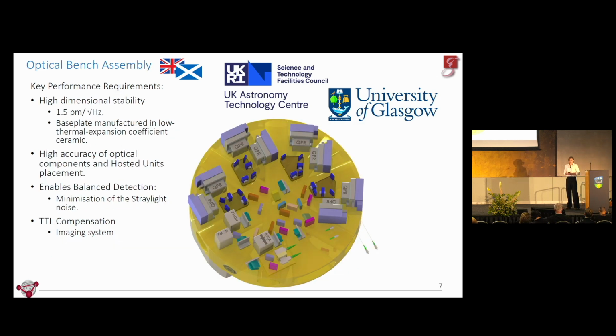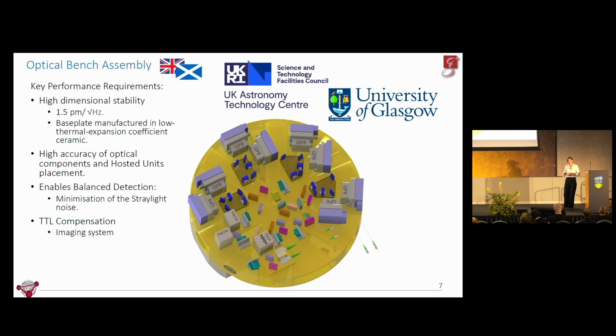So the key performance requirement of the optical bench, as we've heard yesterday, is to provide high dimensional stability of the optics. Therefore, the optical bench is manufactured in a low thermal expansion coefficient ceramic, Zerodur. We also heard the whole process that Yuan walked us through, how to accurately place the optics and bond the optics on the surface of the base plate.